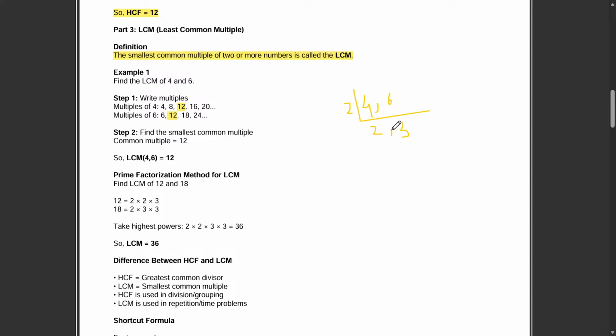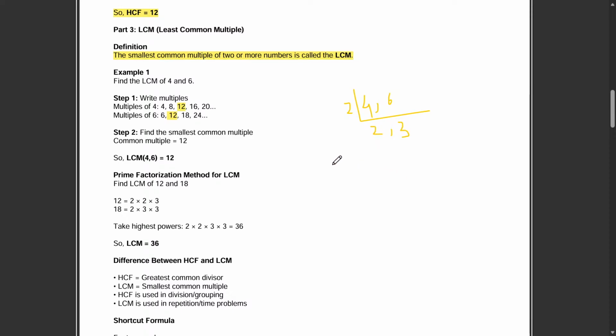Now we cannot divide more, because there is no number that divides these two numbers simultaneously. So the least common multiple will be 2 multiplied by 2 and multiplied by 3.